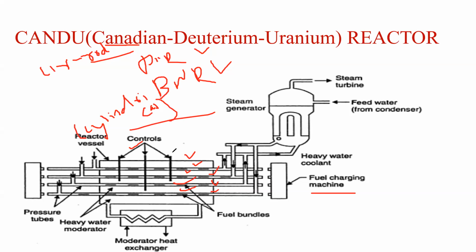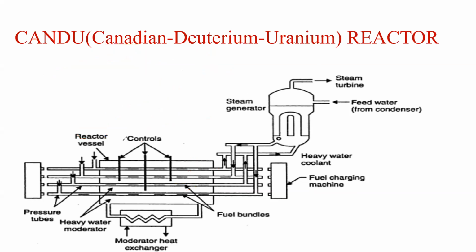From the design perspective, the fuel charging machine is very important, which injects the fuel into the tubes. Then these pressure tubes are designed according to specific length and diameter. We will see that in the next slide. So this is the total construction of this Canadian deuterium uranium reactor.